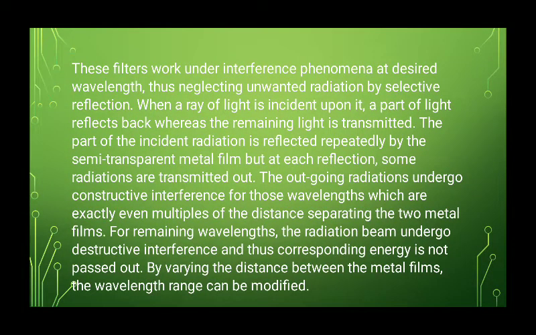This filter works on the interference phenomenon at the desired wavelength, thus neglecting unwanted radiation by selective reflection. When a ray of light is incident upon it, a part of the light is reflected back whereas the remaining light is transmitted.